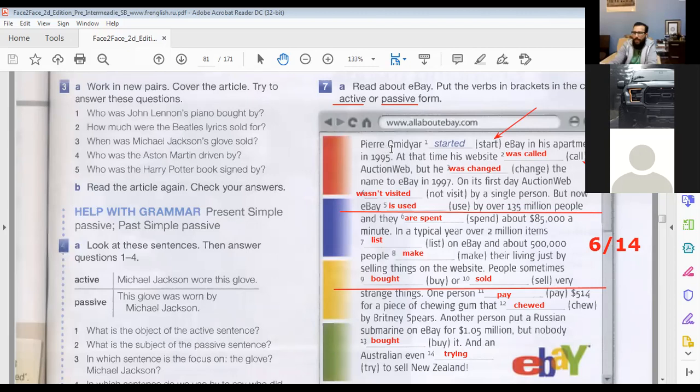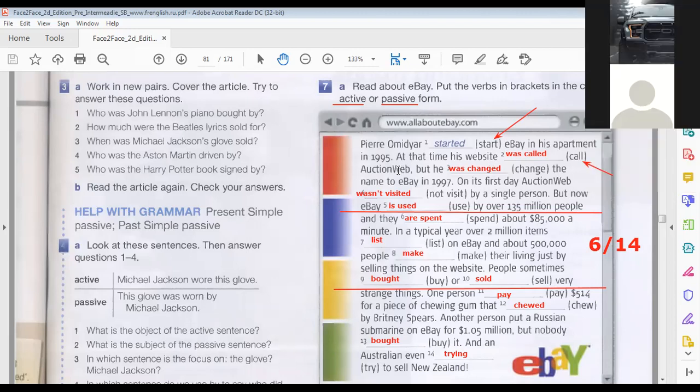Okay, let's start from the beginning. So here, Pierre Omidyar started eBay in his apartment in 1995. At that time, his website was called Auction Web. Is this correct? Was called? At that time, his website was called Auction Web. What do you think?